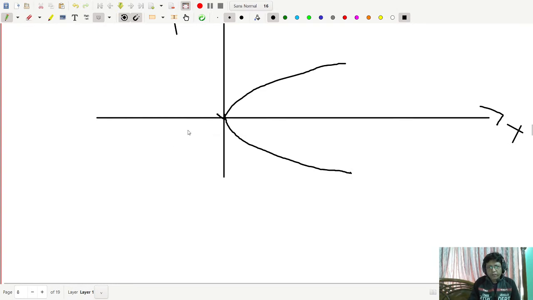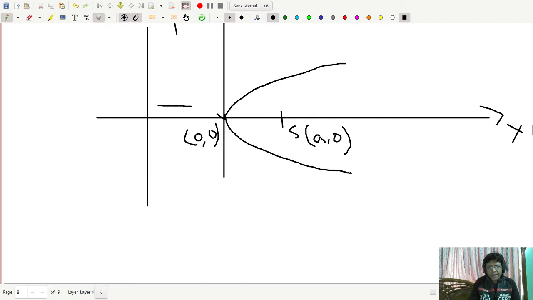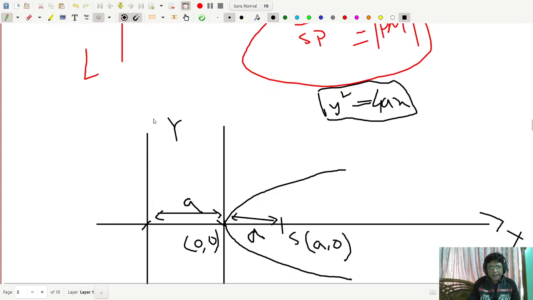Look at that, this is called the vertex. Vertex is at 0 0, and this is the fixed point, the focus. Focus is a comma 0, and this is the directrix. The distance of the directrix from the vertex is equal to the distance of the focus from the vertex. If this distance is a, this distance is also a. So this is the directrix.